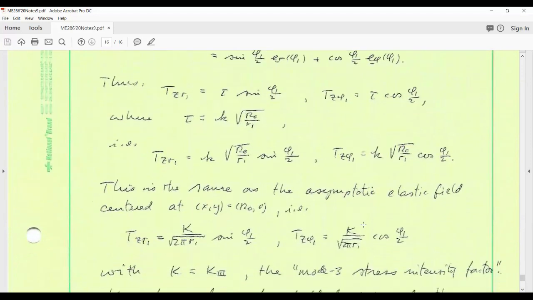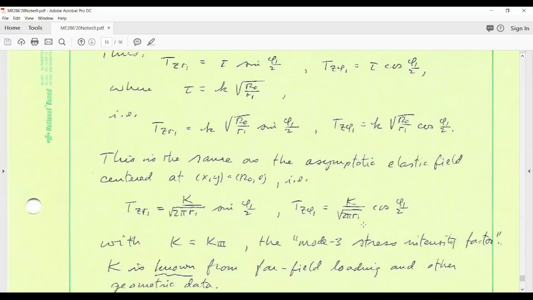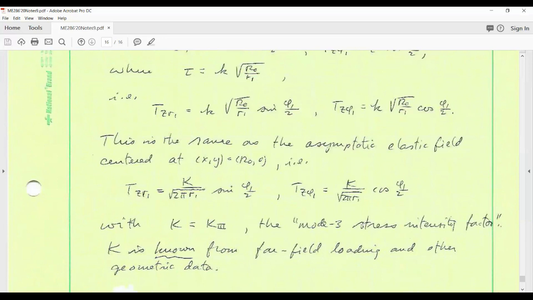Well, if you took a course in linear elasticity, one of the simpler problems you would solve is the antiplane elastic field near a crack tip, the asymptotic structure of the antiplane stress field as you approach a crack tip. That asymptotic meaning the dominant terms that emerge as the radius tends to 0.